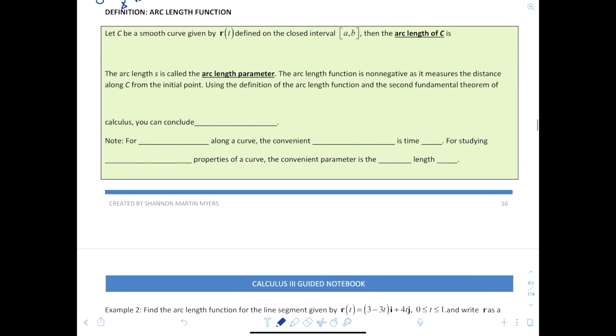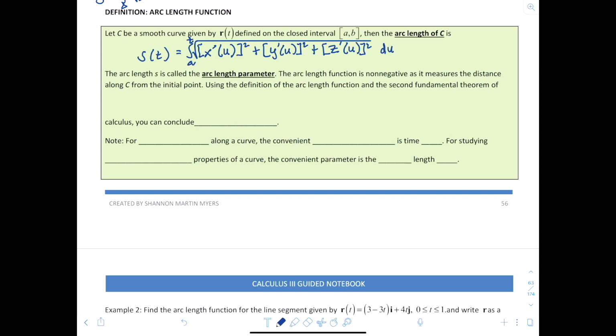So the arc length function, if you've got C as a smooth curve given by r(t) defined on the closed interval from a to b, then the arc length of C could also be written as s in terms of t is equal to the integral from a to t of the square root of x prime at u, the quantity squared, plus y prime at u, the quantity squared, plus z prime at u, the quantity squared, with respect to u.